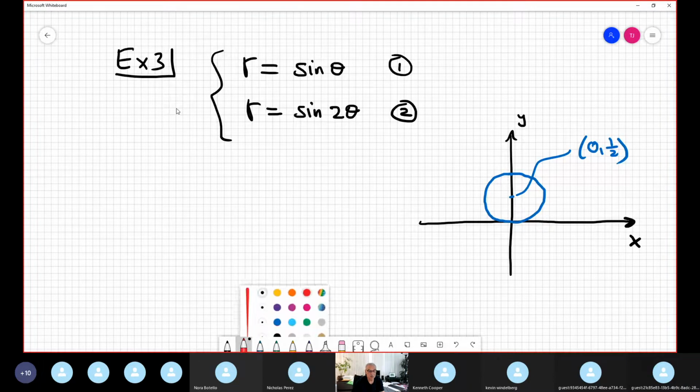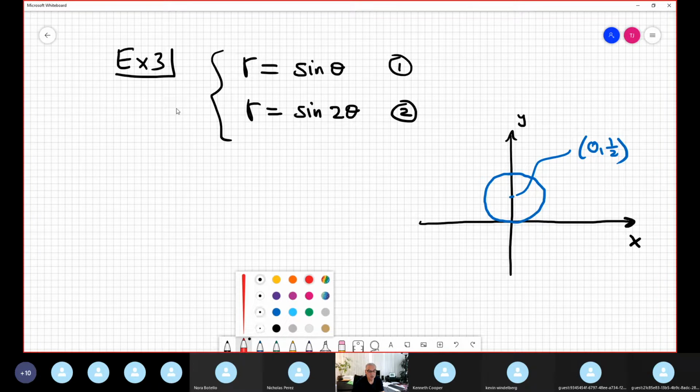And the second is a rose, no? It's a rose or no? Remember, it's a rose when you have... it's a rose. How many petals do we expect? How many petals does this rose have? Sine... 2 petals. 3 petals.